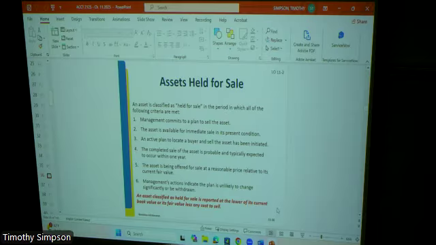It doesn't really apply to long-term assets, but it's kind of analogous. I know it's not a perfect analogy, but it's the idea that we do not want to overstate the value of the asset. So it's going to be its current book value, whatever it is, cost minus depreciation, or its fair market value, whatever the case might be.